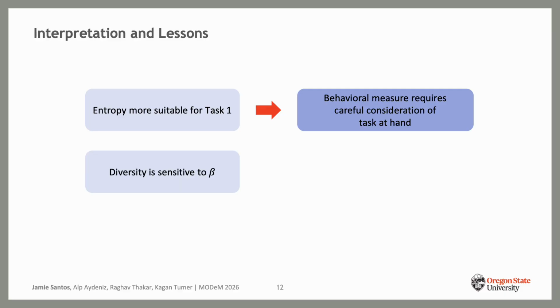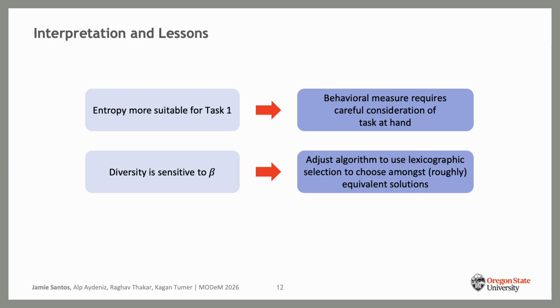We also noted that Pareto diversity is sensitive to the scaling factor used. If the behavioral information is weighted too heavily, it can overwhelm the original objective information and cause otherwise competitive solutions to be discarded. One way to combat this would be to instead use a lexicographic selection strategy, where behavioral information is only used to choose among solutions within the same fitness cluster rather than being allowed to change the overall Pareto ordering.